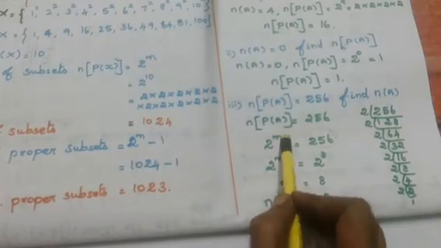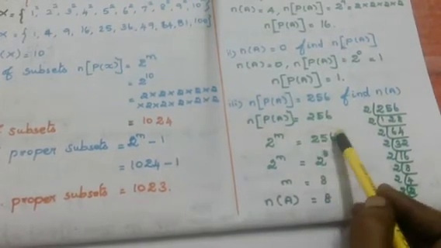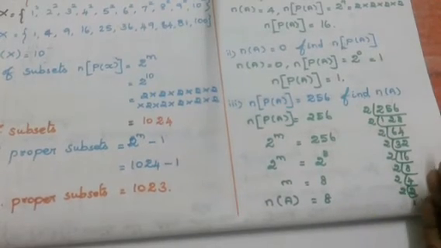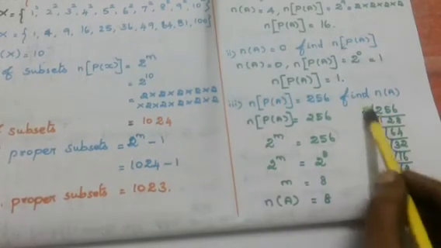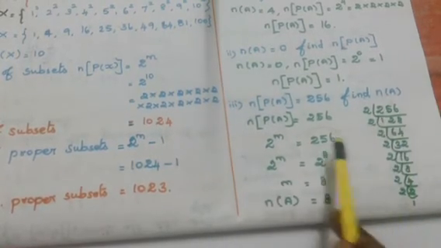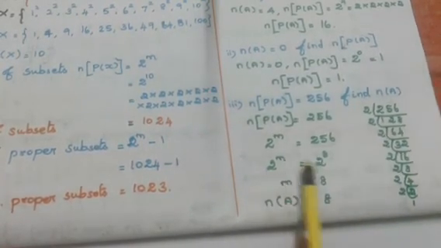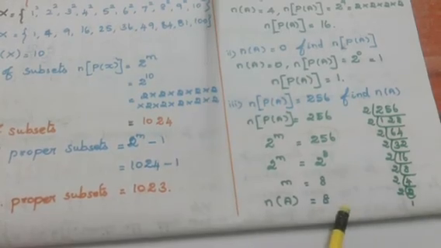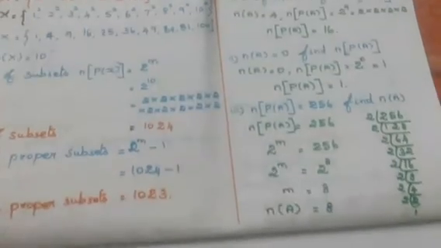Here it is 2 power m. We change 256 as a power of 2 only. So we divide only by 2. 2 eight times is 256. So 2 to the power m is equal to 2 to the power 8. So m is equal to 8. That is, n of a is equal to 8. Do you understand? Thank you.